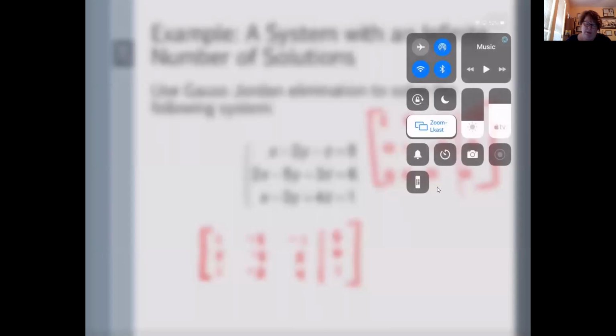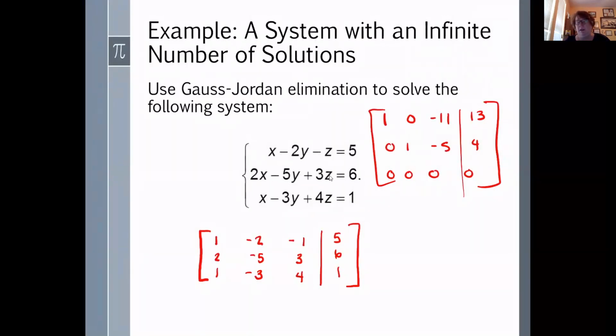All right, so here, up to the right, is the matrix after I've performed Gauss-Jordan elimination and put it in reduced row echelon form. So what I'm going to do is take the second row of my matrix and write the equation for that second row.